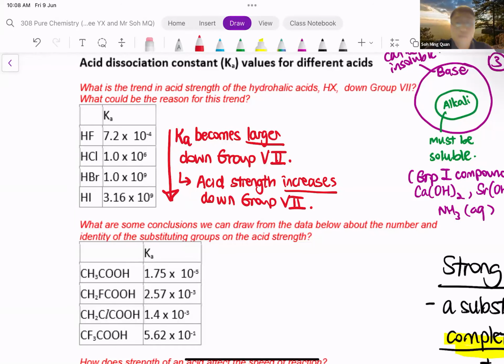But what could be the reason for this trend? So if we recall last year, our end of year exam, we had a question on this. I gave this data and I gave something else, which is the bond energy. All right, the bond energy of the covalent bond.